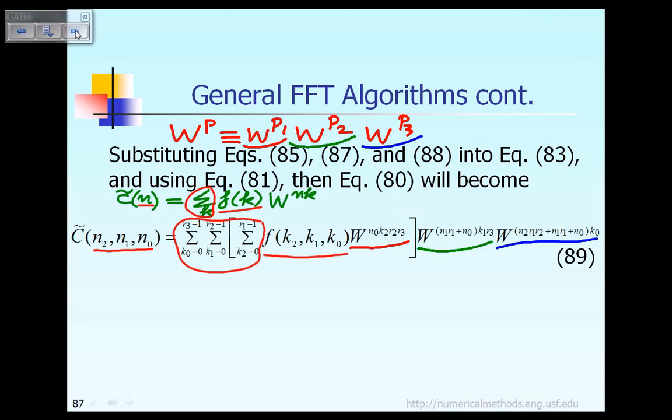And finally, W raised to the power small n, that small n now is expressed as this term right here. This W raised to the power nk, that term is right here, corresponding to this term right there.